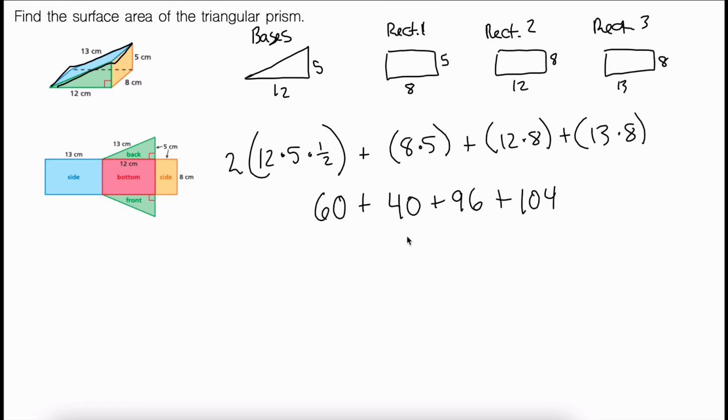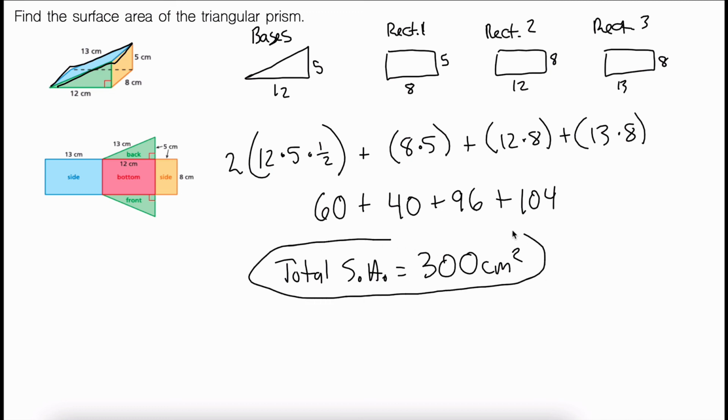So this would be 104 plus 96 is 200, plus another 100 here is 300. So the surface area, I'll label this total surface area equals 300 square centimeters. But yeah, this line right here, this is how you show your work.